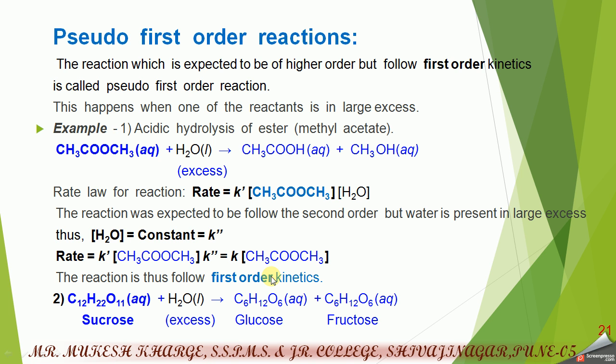Okay, many times a question may be asked, what is pseudo first order reaction? Explain with suitable example. Another example is given, sucrose C12H22O11. It also undergoes hydrolysis in presence of excess water and gives C6H12O6, that is glucose in aqueous state, plus C6H12O6 fructose in aqueous state.